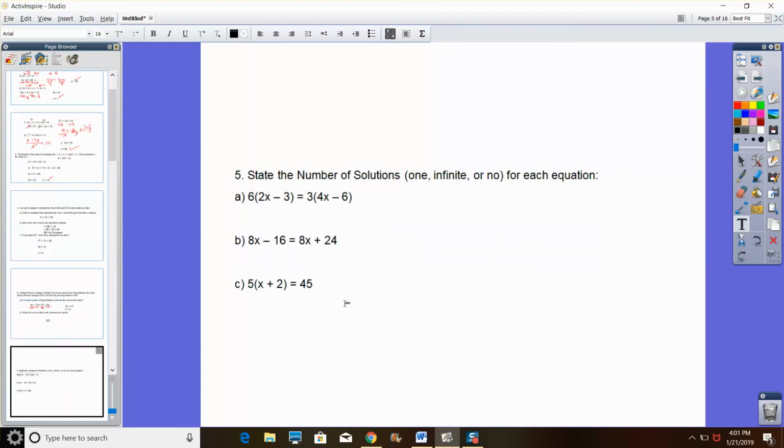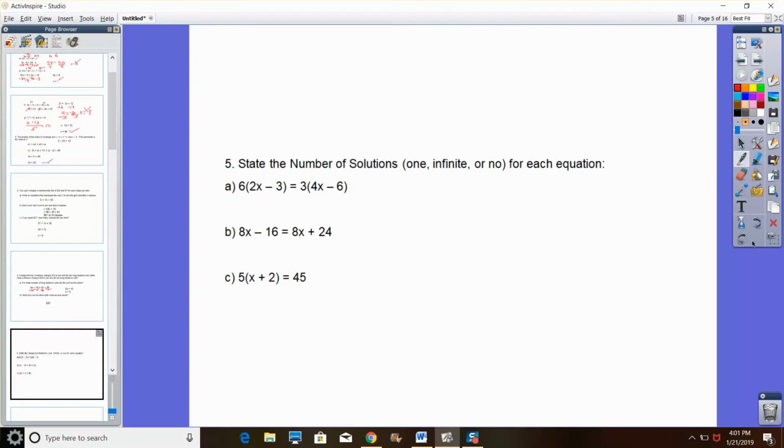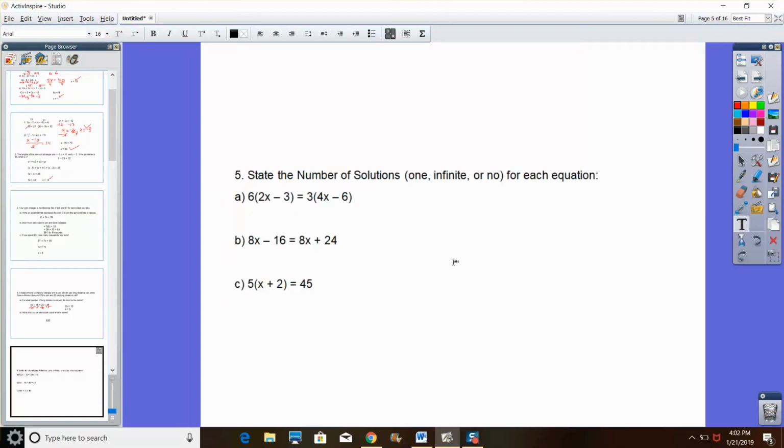Next. State the number of solutions for each equation. So here, there are a couple ways to do this. We ultimately want to figure out if we have an identity or a contradiction, and then go from there. So in this particular problem here, I would distribute and get these parentheses kind of isolated. So we have 12x minus 18 on the left side, and on the right side we would have 12x minus 18.